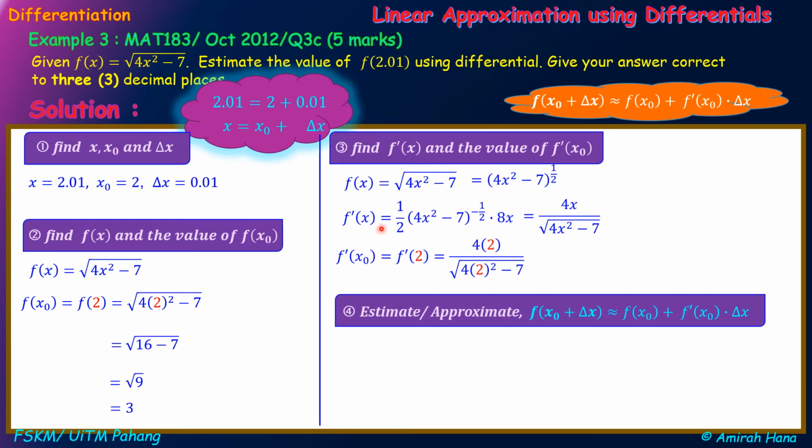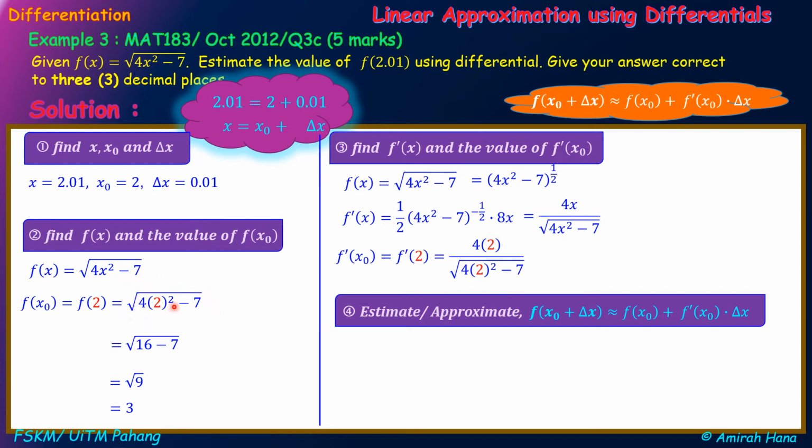So we can substitute 2 for x here: 4 times 2 over square root of 4 times 2 squared minus 7.